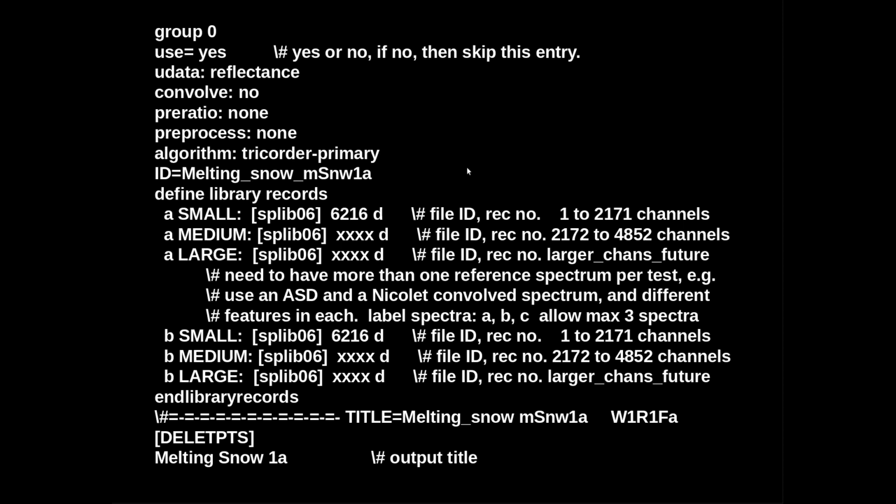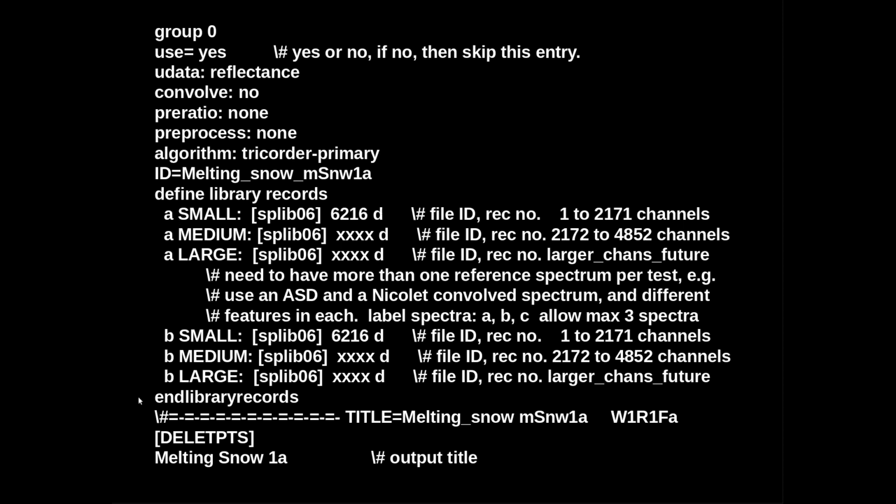Small spectra are up to 2171 channels, and we have never had to go beyond this, so we didn't put in the reference spectrum number. This is a SpecPR format file, and you give the SpecPR file name and the record number where to get the spectrum from.